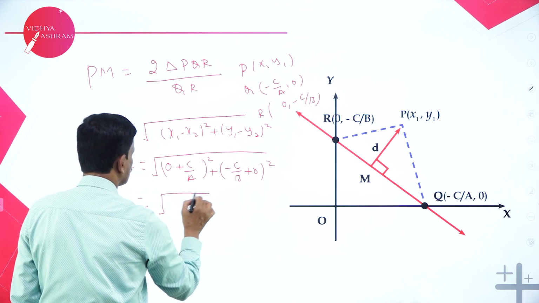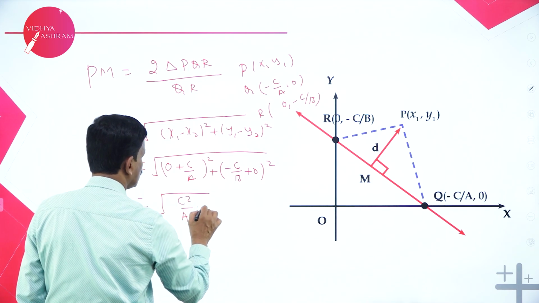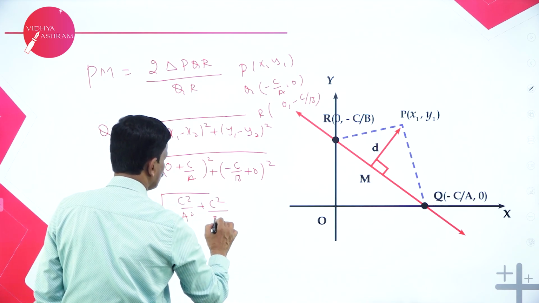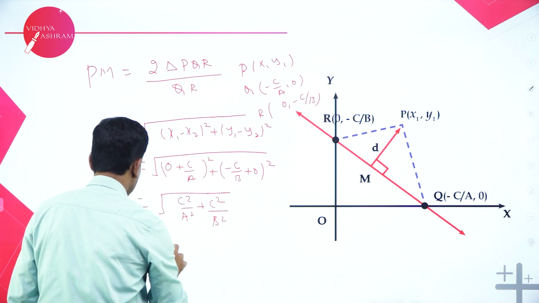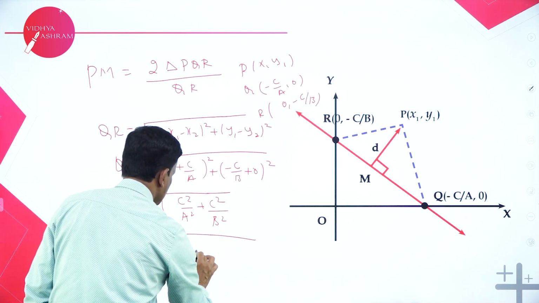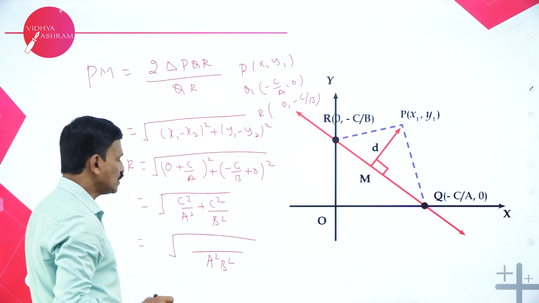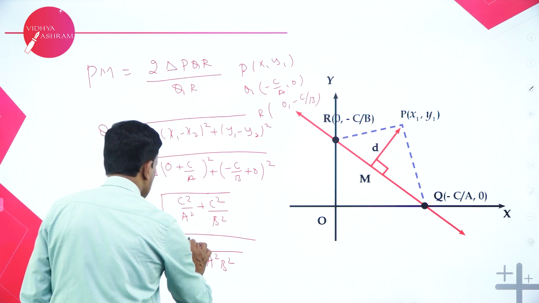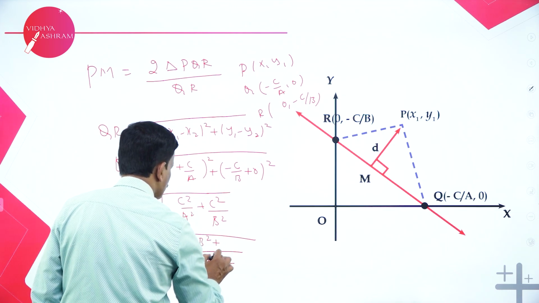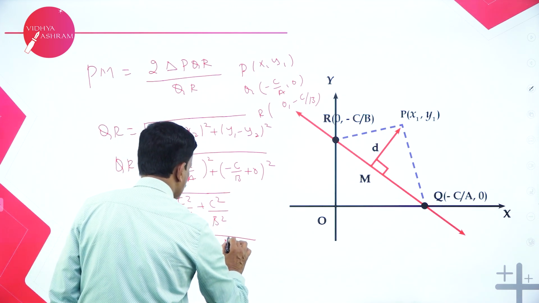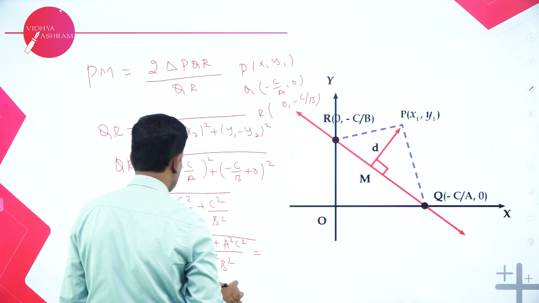So, this is equal to root of c square by a square plus c square by b square. This can be simplified. Take LCM. What is the LCM? A square b square is the LCM. So, what we will get? A square gets cancelled, we get c square b square, plus b square gets cancelled, a square c square. You can take the common factor, c square.